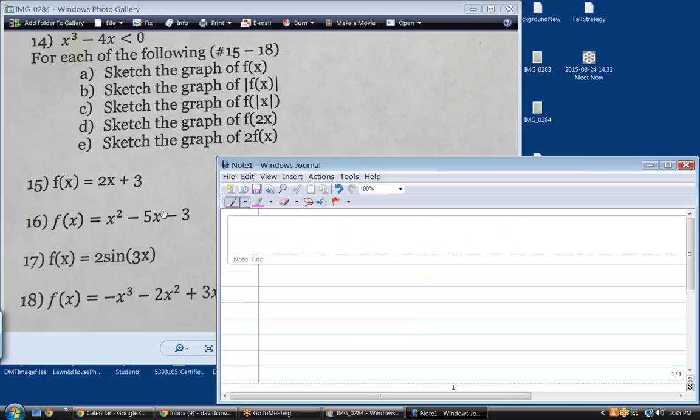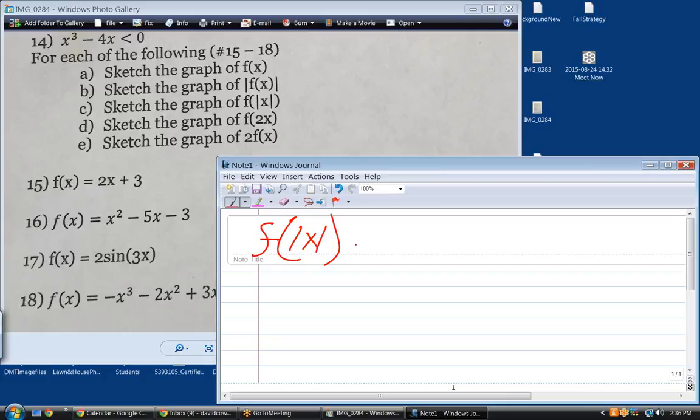Let's see if there's any difficulties here. I'm hung up on the f of absolute value x for 16. Okay. So f of absolute value x merely means that whatever is in the parentheses, we're going to plug in for x.